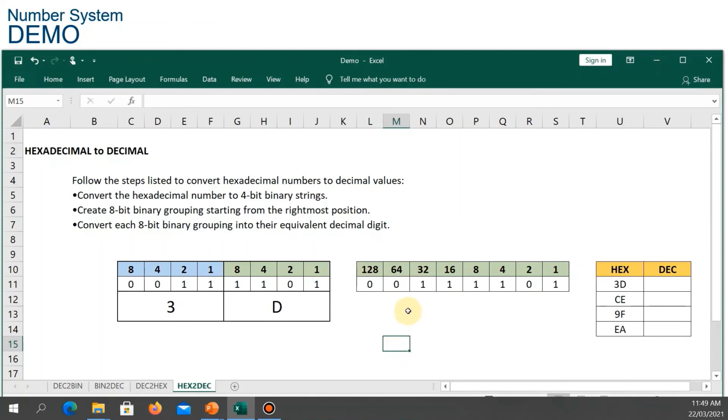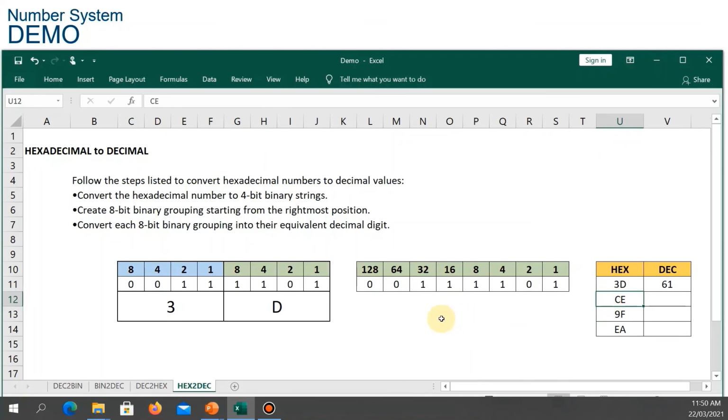Now to do that, you've got 32 plus 16 plus 8 plus 4, that's 60, plus 1, that's 61. So 3D hex is equal to 61. So simple, huh?